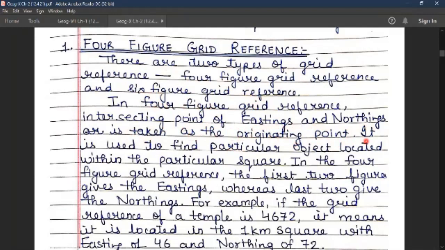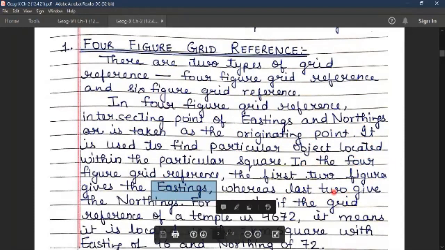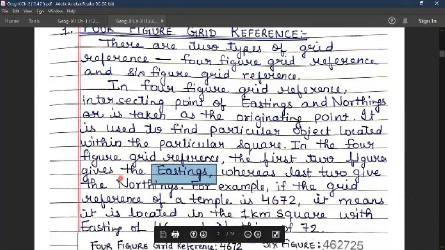It is used to find a particular object located within the particular square. In the 4-figure grid reference, the first two figures give the eastings, whereas the last two give the northings.